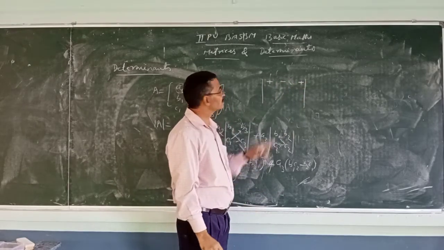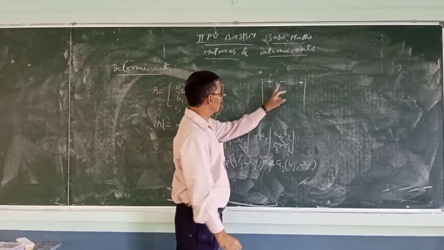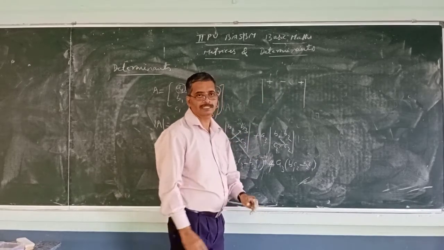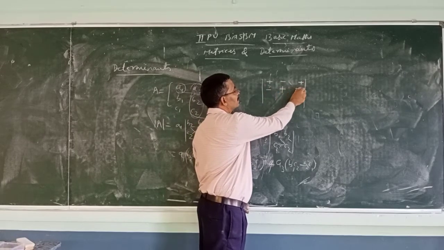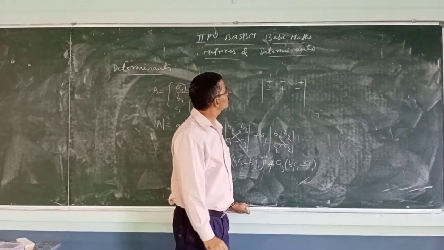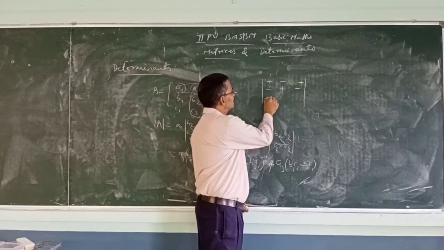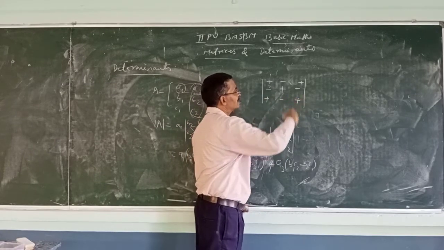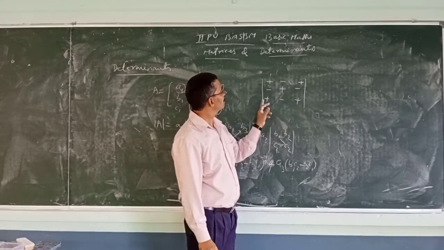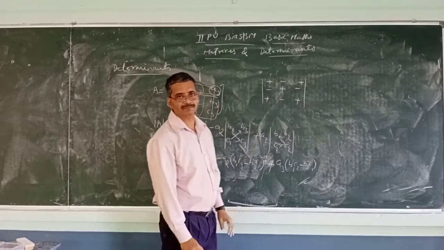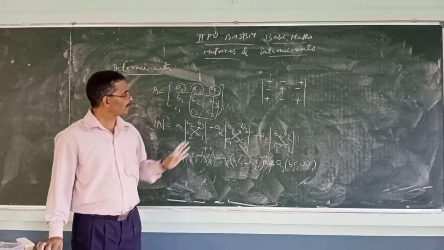Then minus, plus, minus. Last row plus, minus, plus. Plus minus plus, minus plus minus, plus minus plus. That is how to remember it.